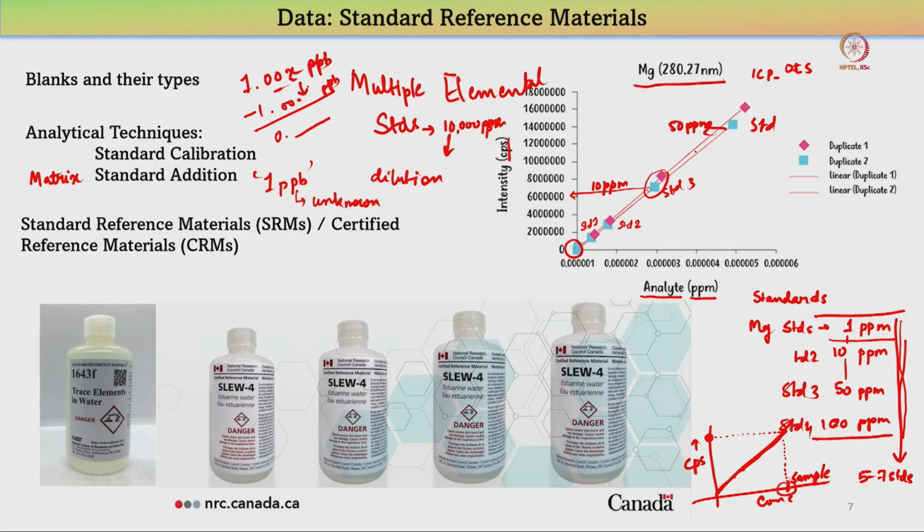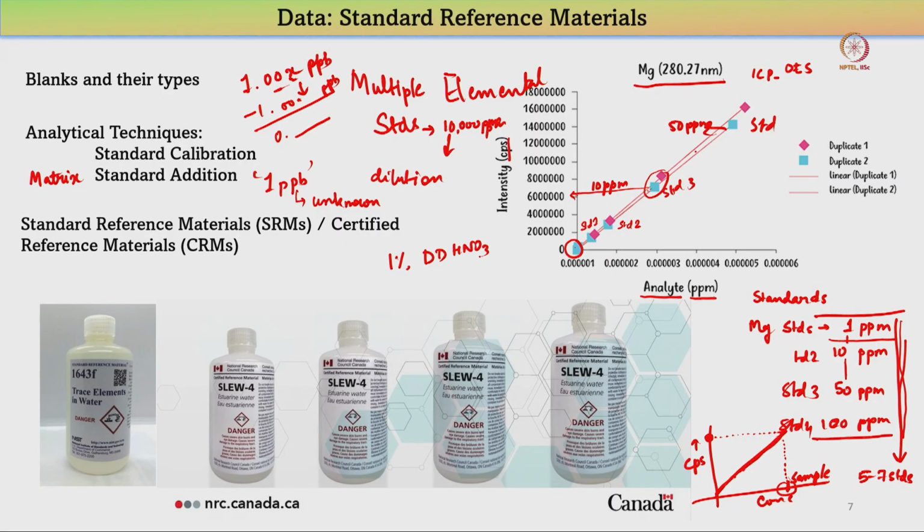So what they will do is completely evaporate the sample. Suppose in a small beaker they take 5 ml or 10 ml of the sample, and they completely evaporate it. Then they will artificially add a very dilute acid, so 1% double distilled HNO3.